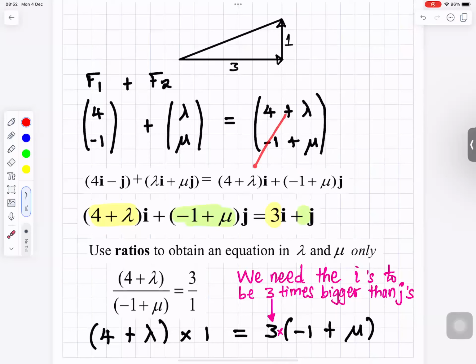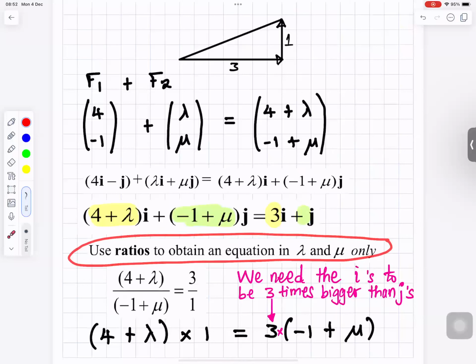So it gives us the 4 plus lambda i minus 1 plus mu j. So if we put that equal to 3i plus j, we use ratios to obtain an equation in lambda and mu only. So that's the part which you really need to understand.